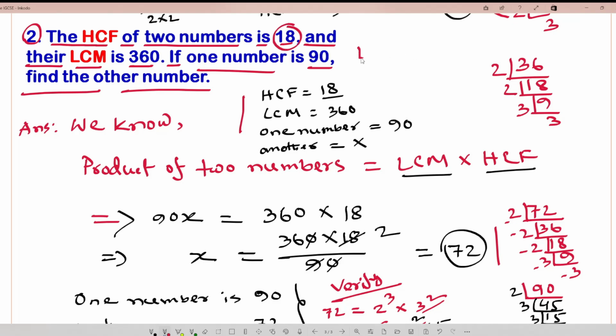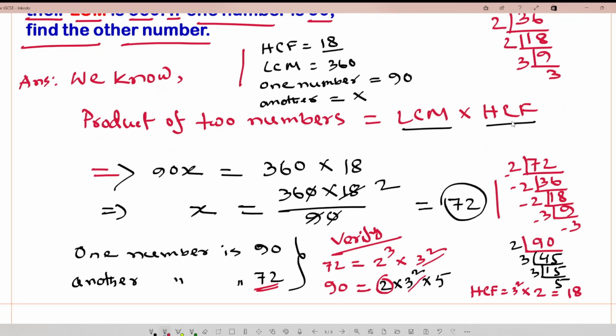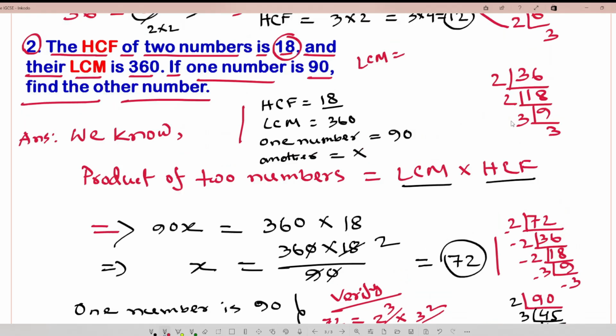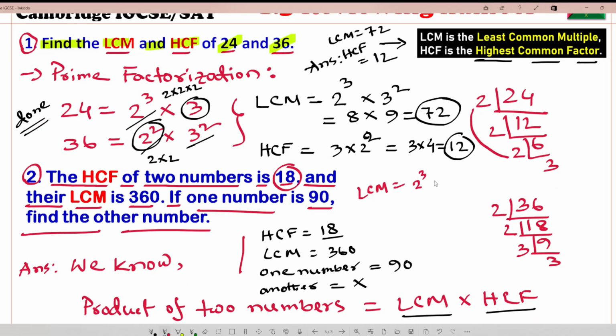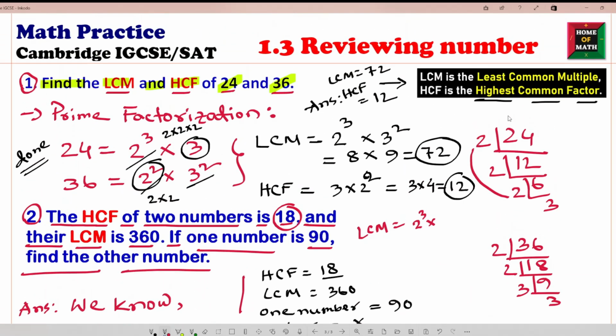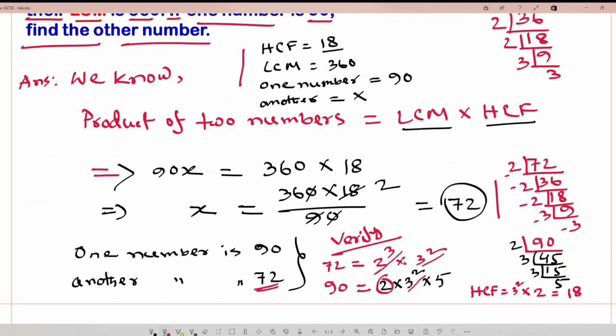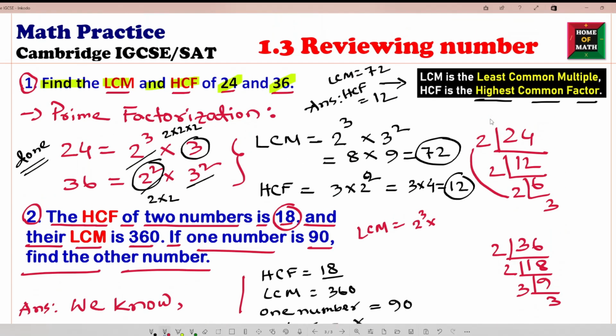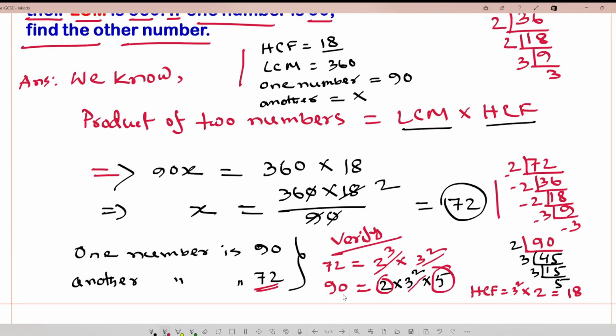Now what about LCM? We know LCM is least common multiple. Common and uncommon everything will be taken. So LCM will be 2 to the power 3, and also we will take 3 square, and also we will take 5.